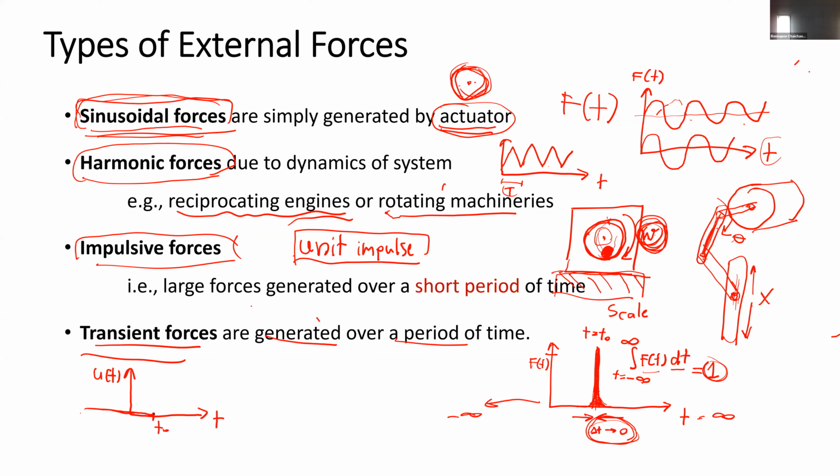And at t equal to t0, the force begins to apply, and after that, the force continues. We call this the unit step. The name of the force function is step. The unit comes from the magnitude of the force being equal to 1, so we call it unit step.